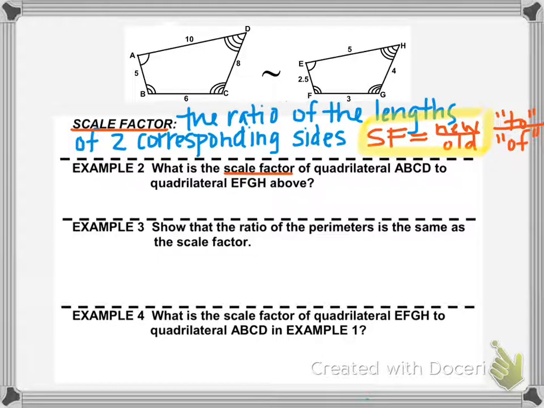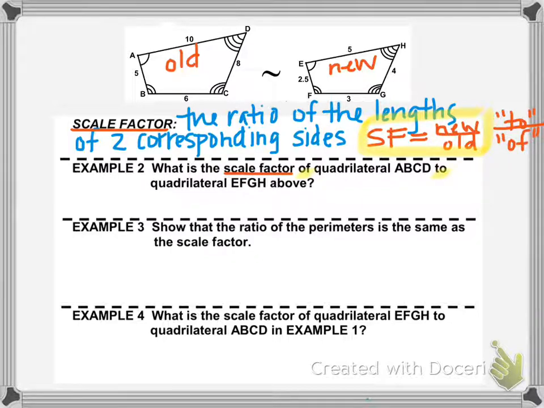ABCD is the shape on the left. EFGH is the one on the right. We're going from the one on the left to the one on the right, which means the one on the right is the new shape, and the one on the left is the old shape, because we started with the old shape and we went to the new shape. Also look for those keywords of to and of. Here's of and here's to.